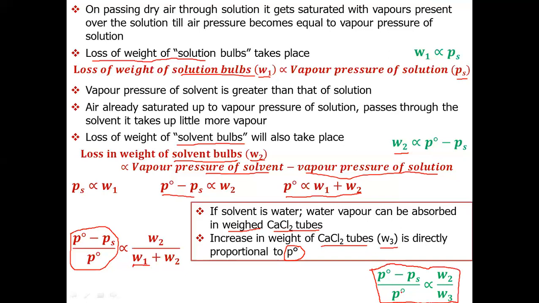P naught minus Ps divided by P naught is proportional to W2 by W3, where W2 is the loss in weight of solvent bulbs and W3 is the increase in weight of U-shaped tubes. So by these two methods, we can determine relative lowering of vapor pressure experimentally. As I said, it is not easy to measure the lowering in vapor pressure, so this method is generally used to calculate the molecular weight of solute.